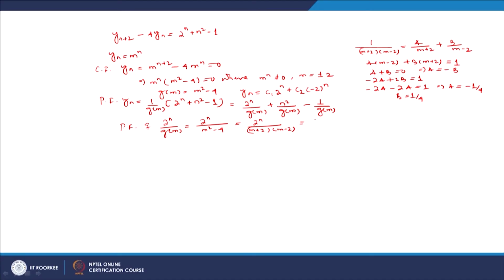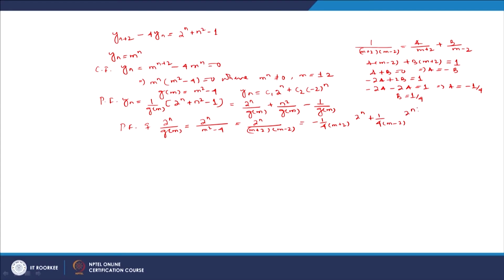And finally, we can just write this coefficient in the form of minus 1 by 4, since a by (m plus 2) to the power n plus 1 by 4, this one is your (m minus 2) to the power n here.